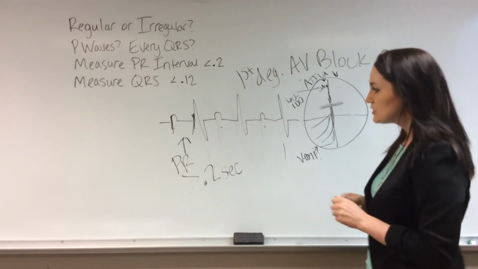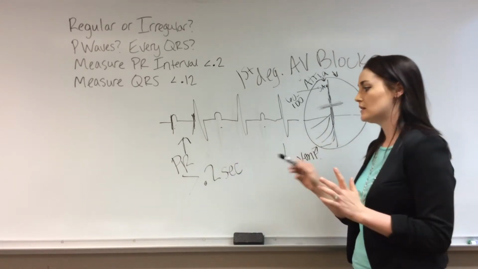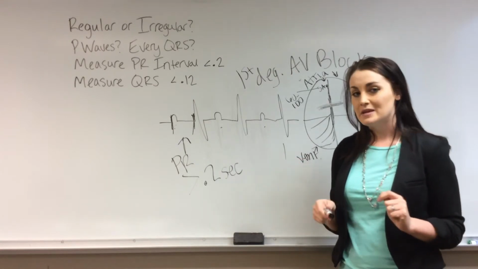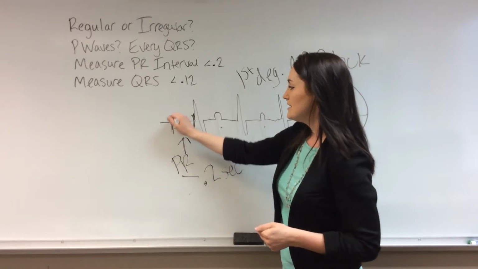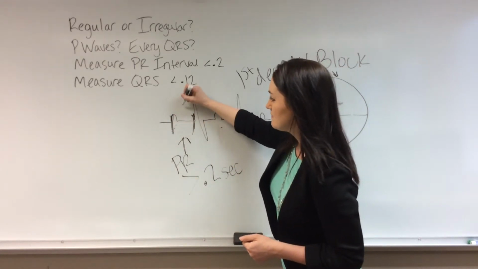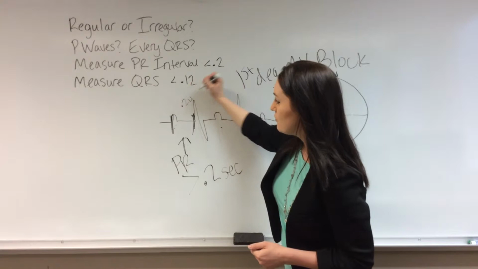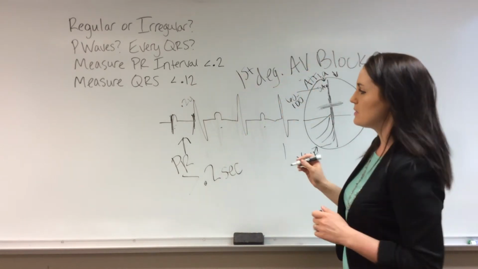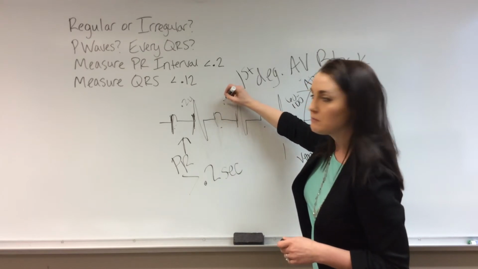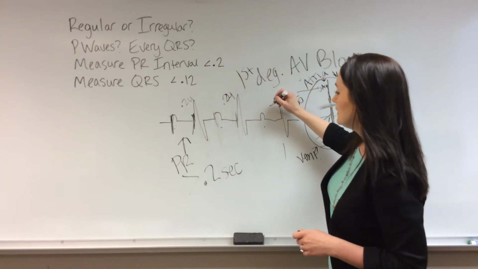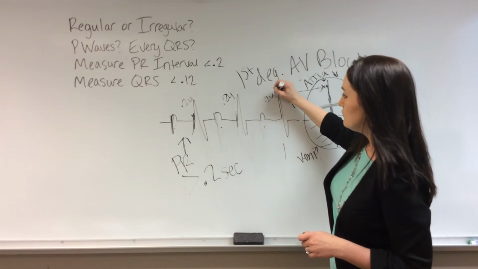So a first degree AV block is a prolonged PR interval that is consistent. So this PR, let's say it's 0.24. Let's give it that number. As you would go on, this PR would be 0.24. And then this one would be 0.24.